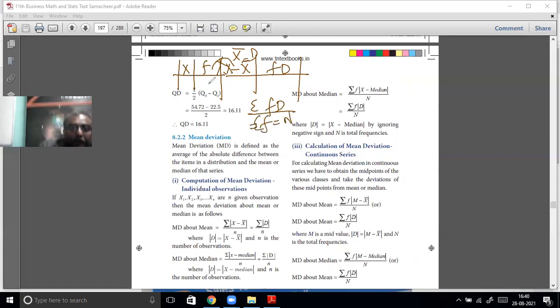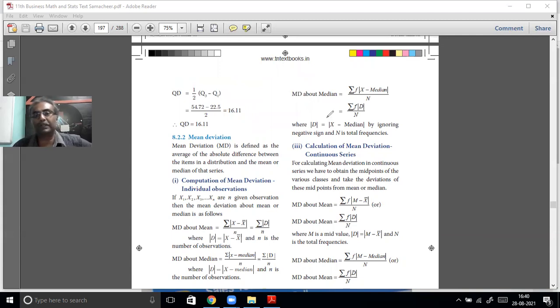Sigma f is n. If you take the sum of the frequencies, n is equal to sigma f, let us say 35 or whatever is coming. And all the sigma fd you have to take. That is the way to do it for discrete data with frequency.